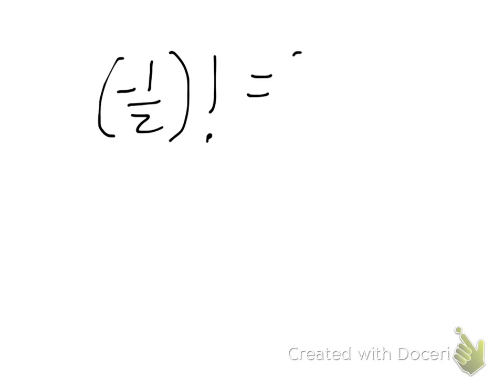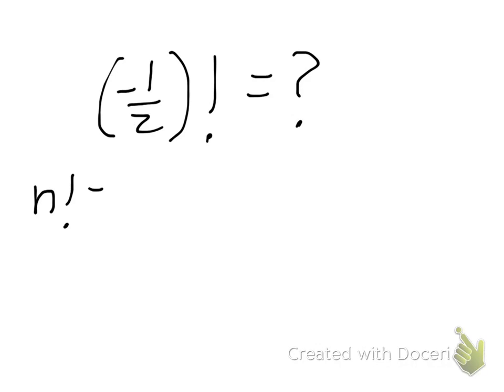So today we're going to try to answer the question, what is the factorial of negative 1/2? Seems like kind of a silly question at first, because if you're familiar with the factorial function, it's defined for integers like so.